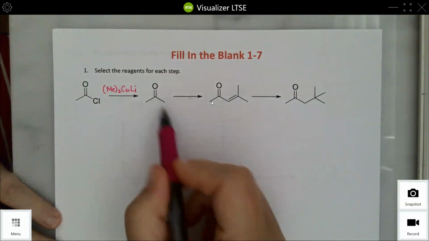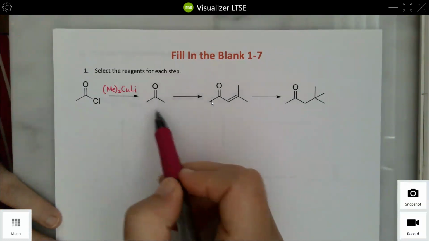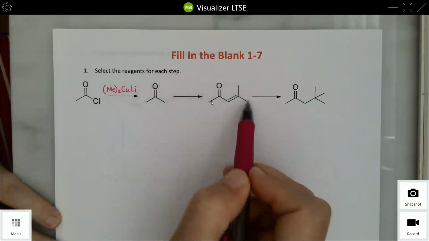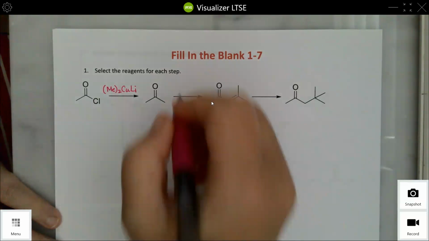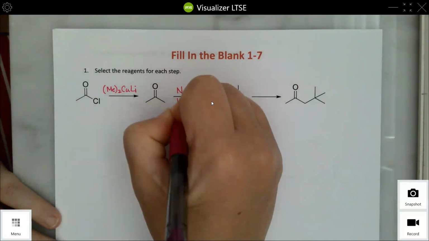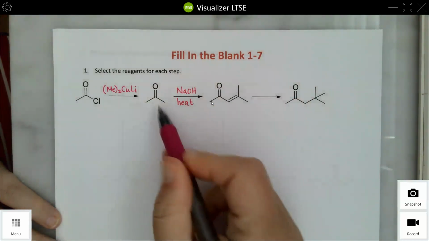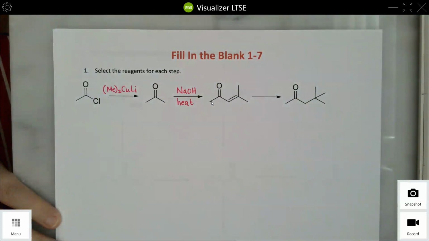So this is an aldol condensation reaction. So two components of this ketone will react together, right? And typically for an aldol condensation, we would use sodium hydroxide, and we also need to heat in order to get the alkene here, all the way to the condensation product.